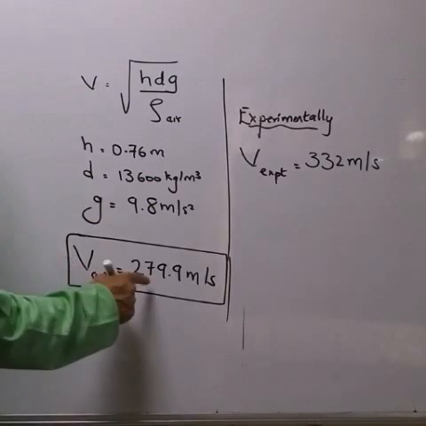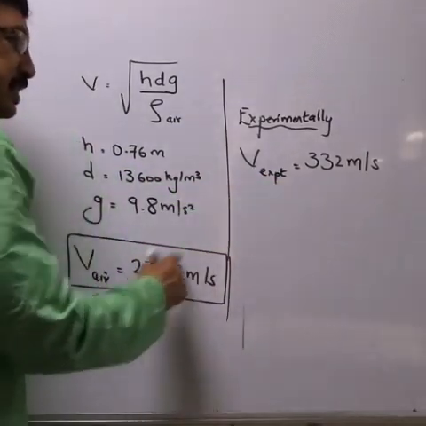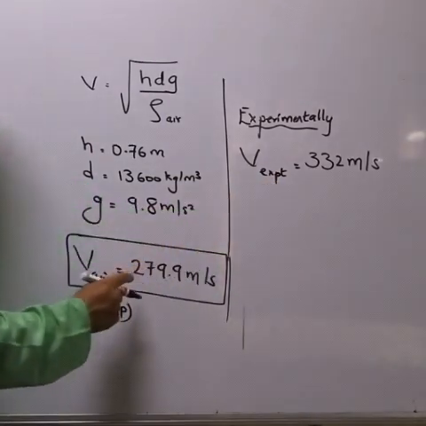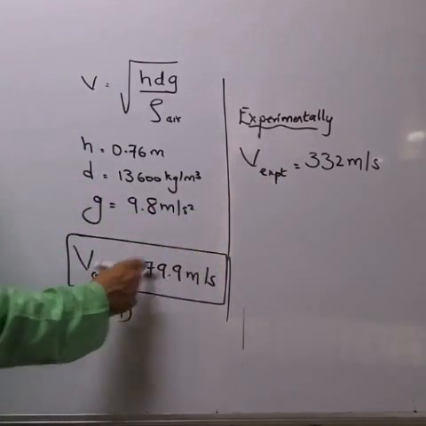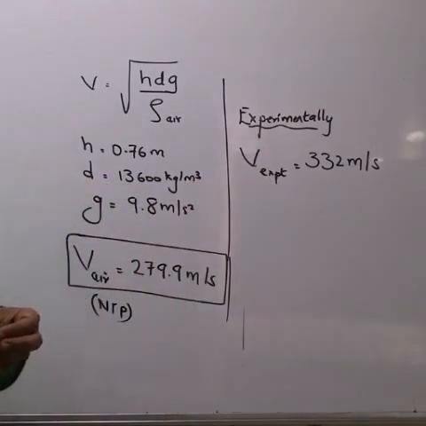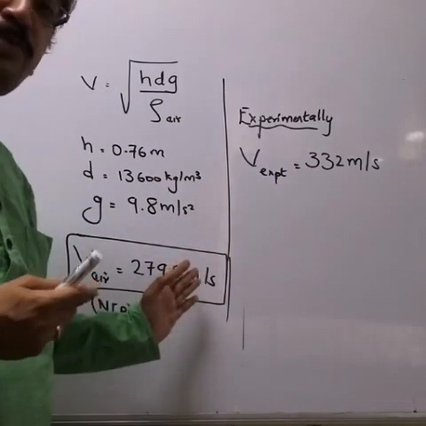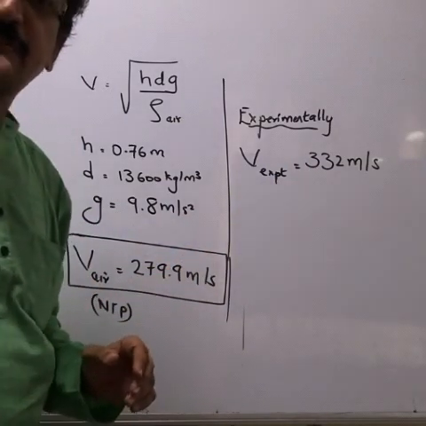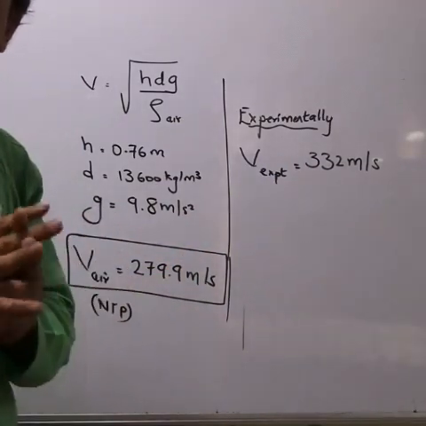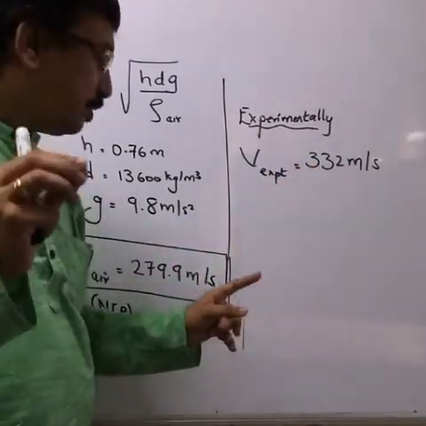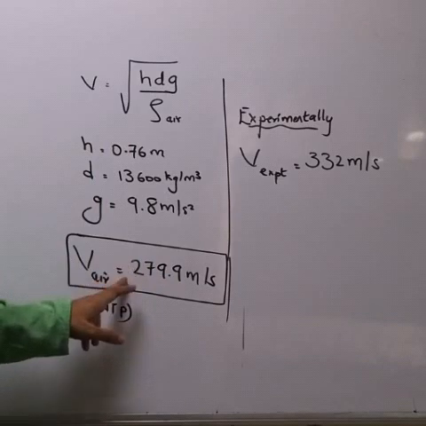Now compare this value with this. Is the experimental value wrong, or is this value wrong? In experiments we have learned there are errors, many times there are errors. But here the difference is around 16%. A 16% error cannot happen, so there should be some problem with either the formula or the experiment.